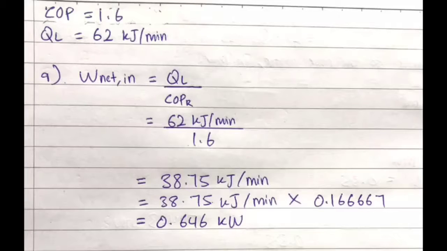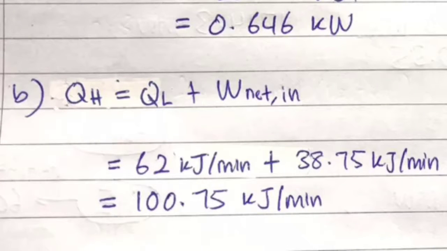So we get the answer, 38.75 kJ per minute. But the question wants kilowatt. So we change the value to kilowatt and we get the final answer, 0.646 kilowatt.